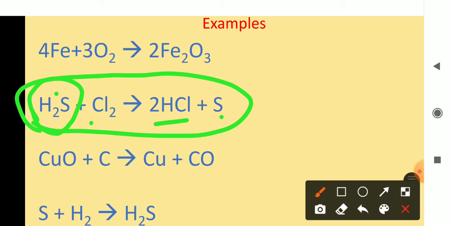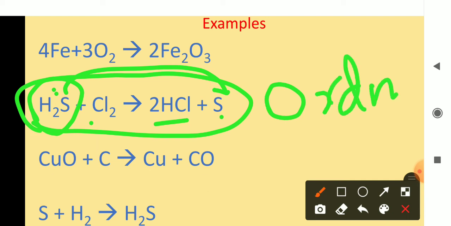We have studied that addition of oxygen or removal of hydrogen is called oxidation. So from this H2S, hydrogen is removed and it is converted into elemental sulfur. So it is also an oxidation process. In the first reaction, addition of oxygen takes place, whereas in the second reaction, removal of hydrogen takes place.